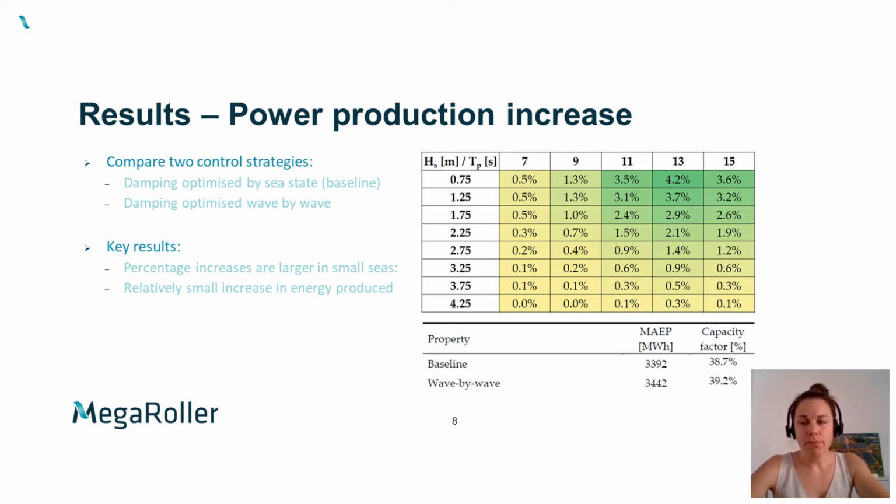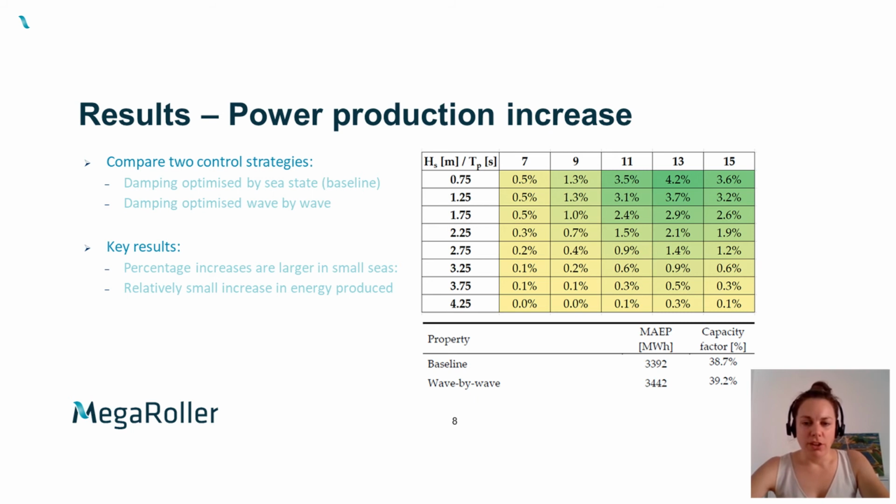But all this complexity needs to be considered as well when we observe potential performance gains. This needs to be weighed against the increasing complexity of the PTO drivetrains. So this is for the control strategy aiming at maximizing the power capture.